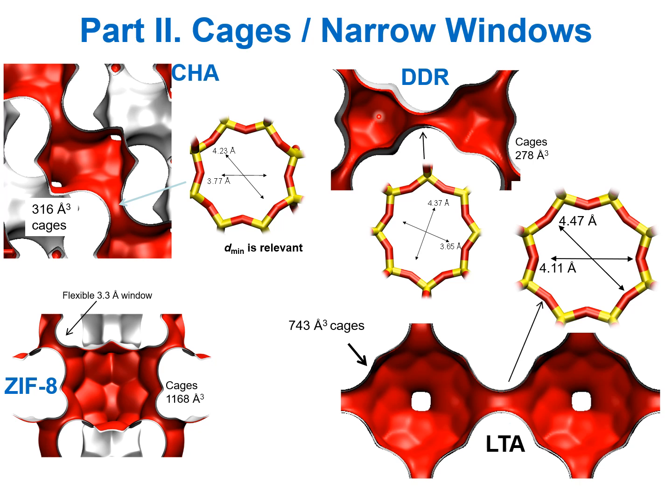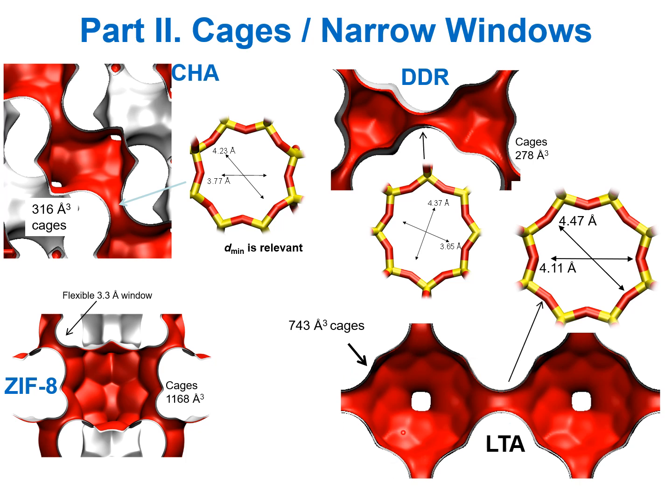This is DDR zeolite, which consists of cages of 278 cubic angstrom, separated by 8-ring windows, 3.65 angstrom here and 4.4 angstrom here. A small difference in the window aperture is quite important and has a significant influence on the inter-cage hopping of molecules from one cage to the other.